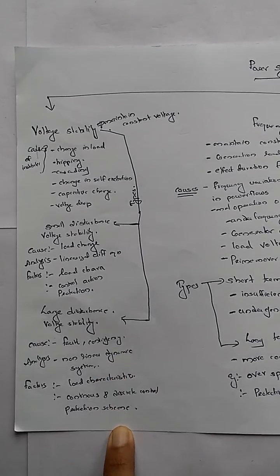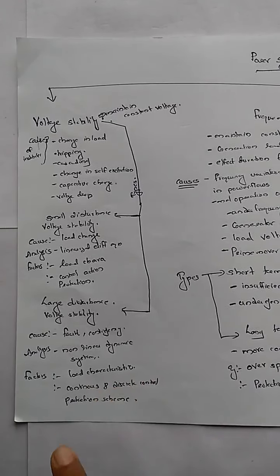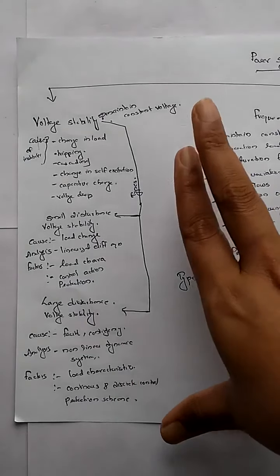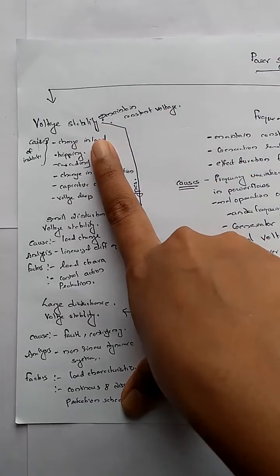Whether they can be brought back to our normal stable state or normal operating condition depends upon the nature of the load, the process control level they have employed, and also the protection scheme they have employed. So this deals with voltage stability, that is, the voltage should be maintained constant.